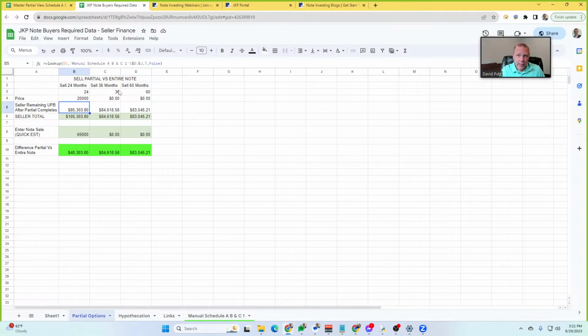In 36 months, the original borrower still owes 84. After 60 months, so on and so forth. So the seller of the note right now gets 20 grand and they can continue to receive 85,000 plus the interest. Okay. Let me revert that back.